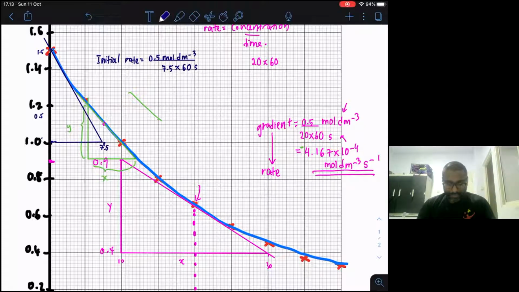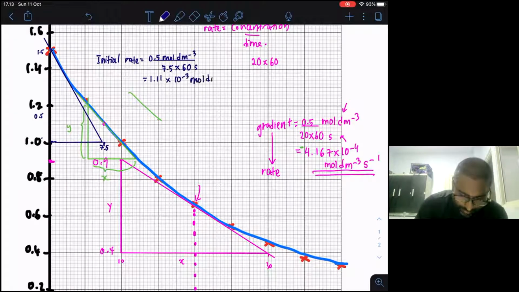So if I quickly calculate 0.5 divided by 7.5 times 60, I will get 1.11 times 10 negative 3 mole dm negative 3 per second. Now this is going to be your initial rate.